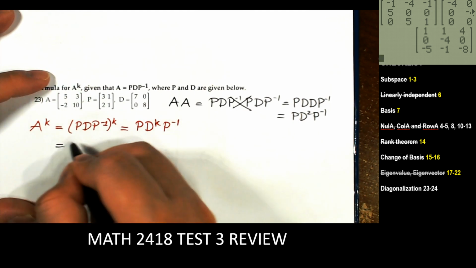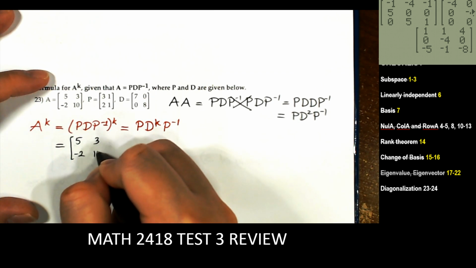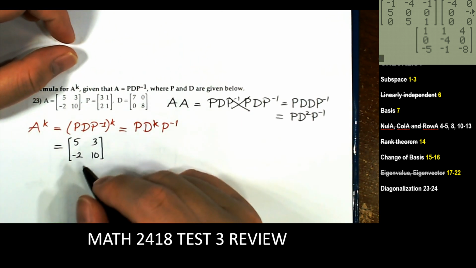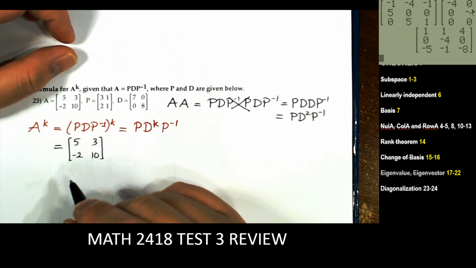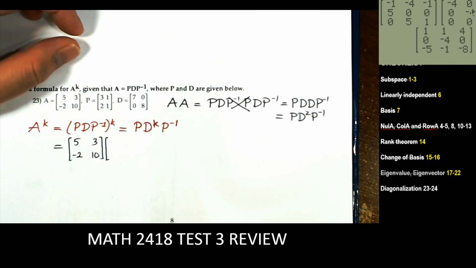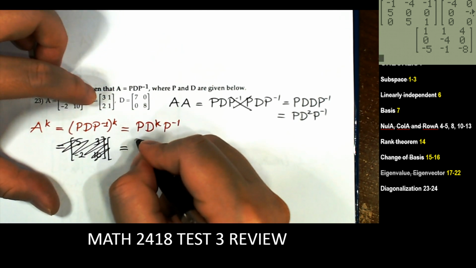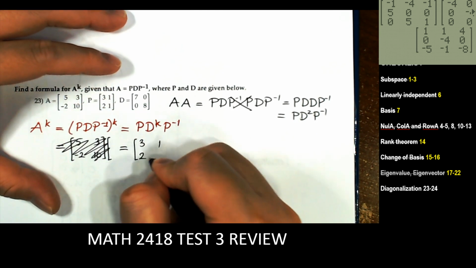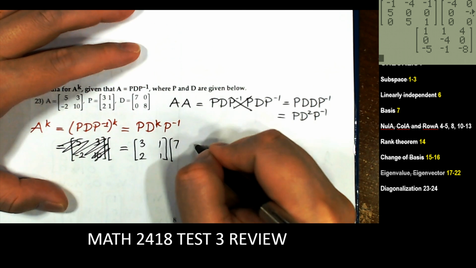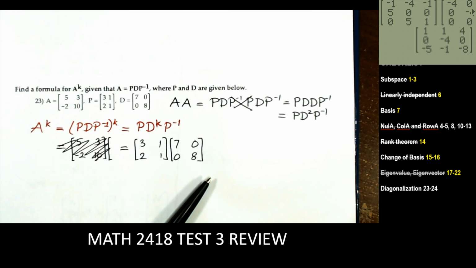So we have A is 5, 3, negative 2, 10. And then we have the diagonal, I'm sorry, this is matrix A, not matrix P. Matrix P is this: 3, 1, 2, 1, sorry. D will be 7, 0, 0, 8. Don't forget that there's a K power.